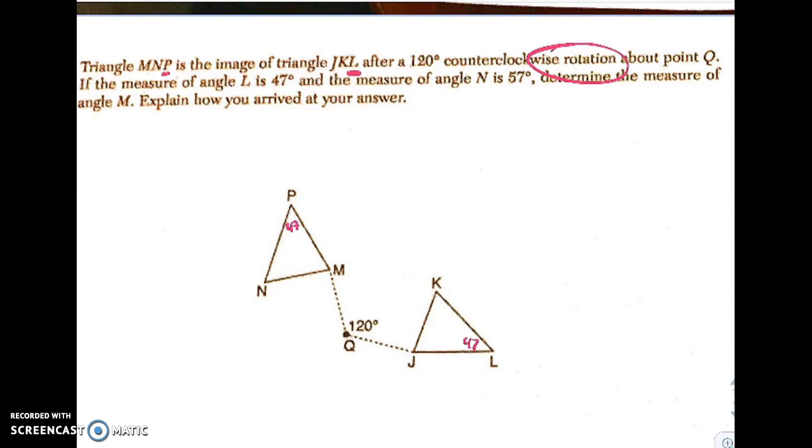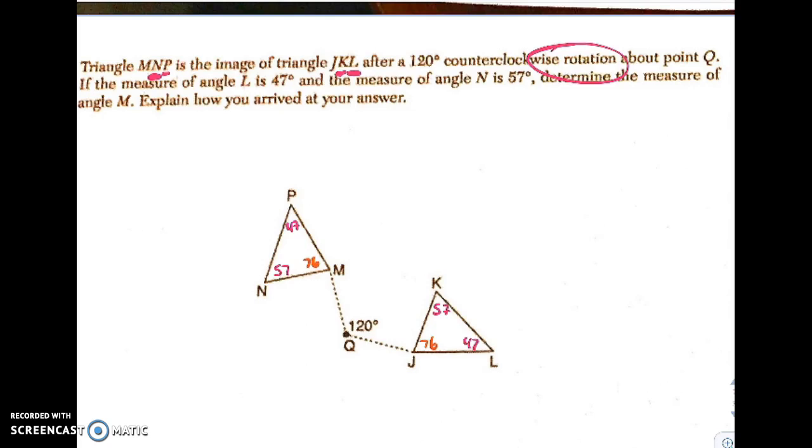You're rotating. It's the same triangle. And then it says angle N is 57. Well, N is the middle one, so K is 57. If you subtract 47 and 57 from 180, you get 76 for the remaining angle.